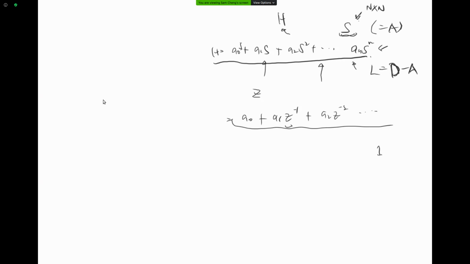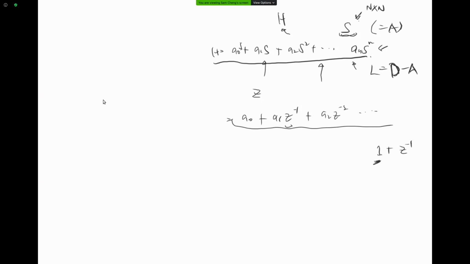I have a pulse there, and then there's nothing else in any other places. And maybe I have another pulse: 1 plus Z minus 1, one time step later on, I have another pulse.